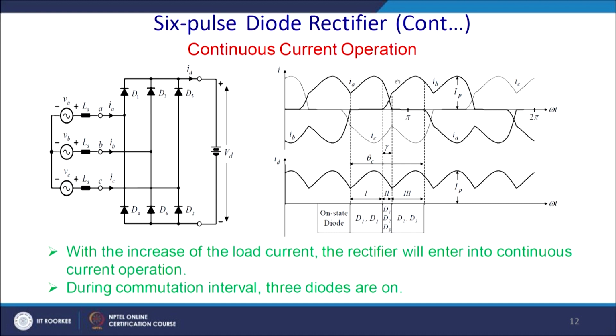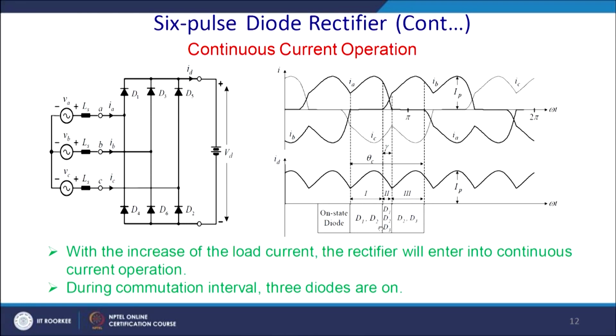Since IA falls, D1 is still conducting as well as D3 comes into the picture for the forward part of the circuit. So, D1, D2, D3 will conduct. Gradually IA will become 0 and D1 will be off, then D2, D3 will conduct. So, there will be an overlapping zone where IA and IB both are conducting in this mode of operation.